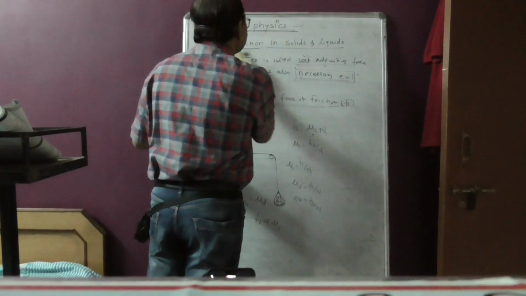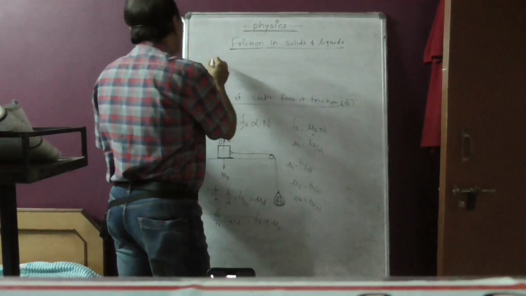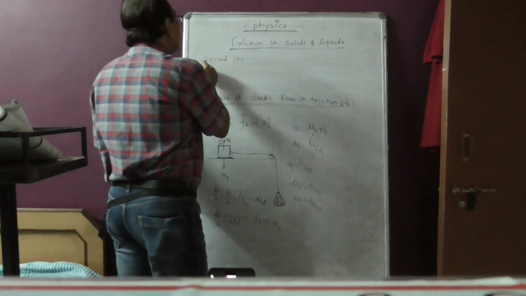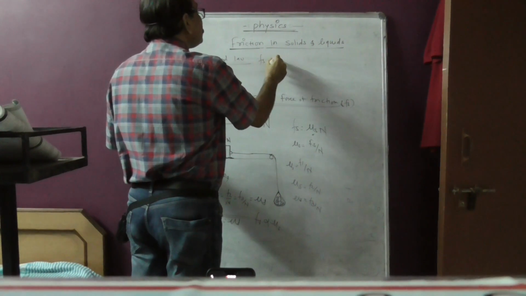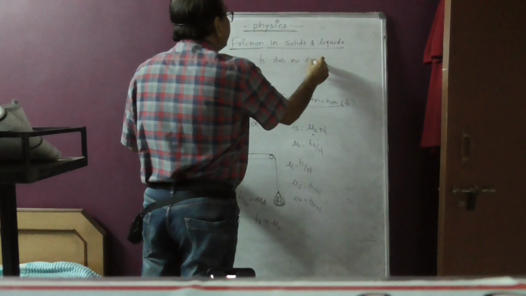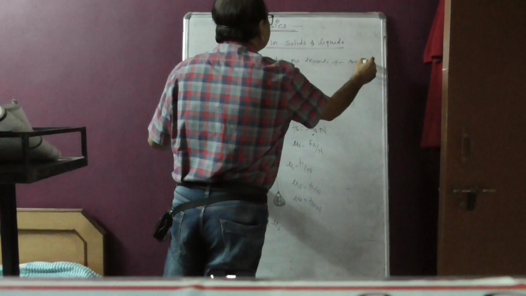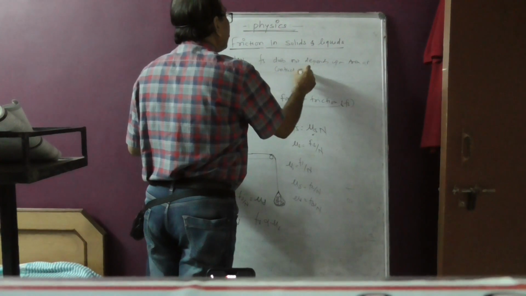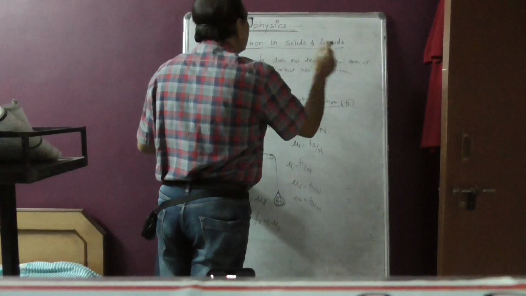Now we'll go for the second law of static friction. What is the second law? In the second law, we can say that the limiting force of static friction Fs does not depend upon the area of contact between the two surfaces.